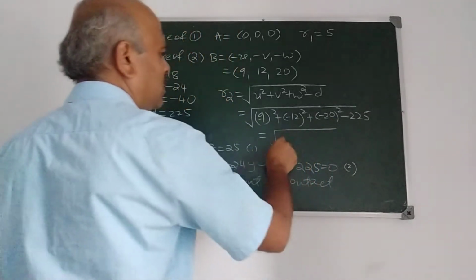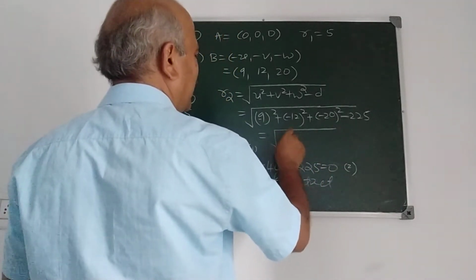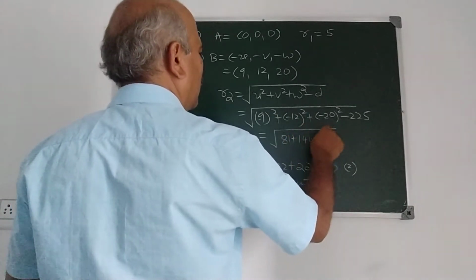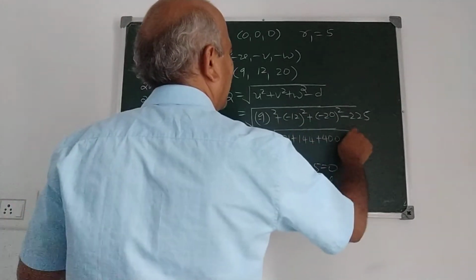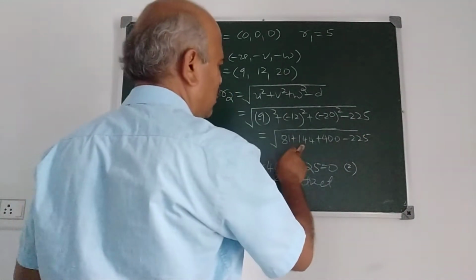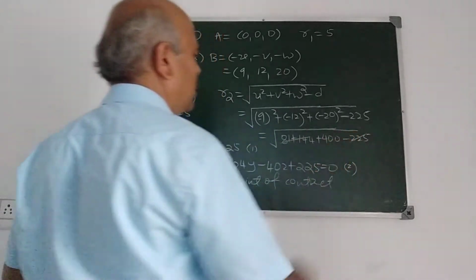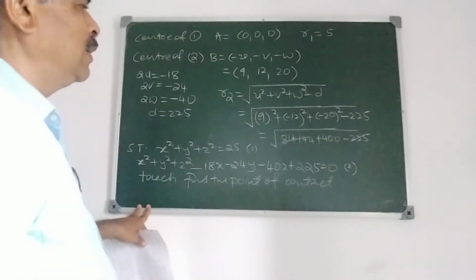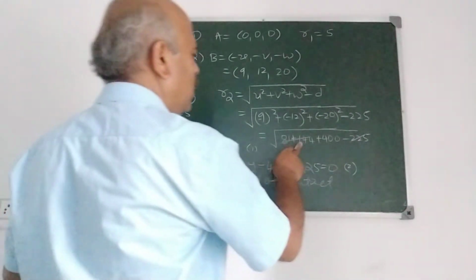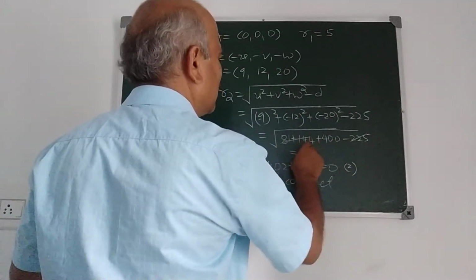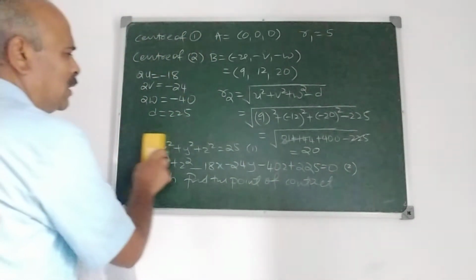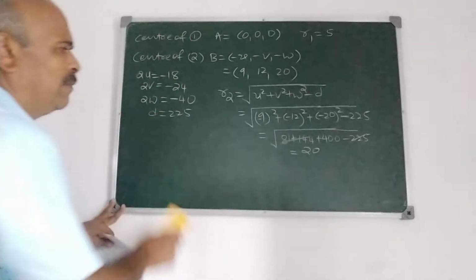It is the square root of 81 plus 144 plus 400 minus 225. Correct? 9 square, 12 square. Yes, 144. 225 is 15 square, cancels. So it is 20. So the radius of the second sphere is 20.